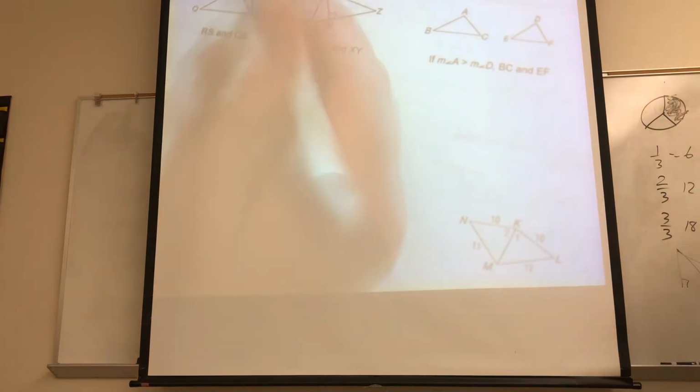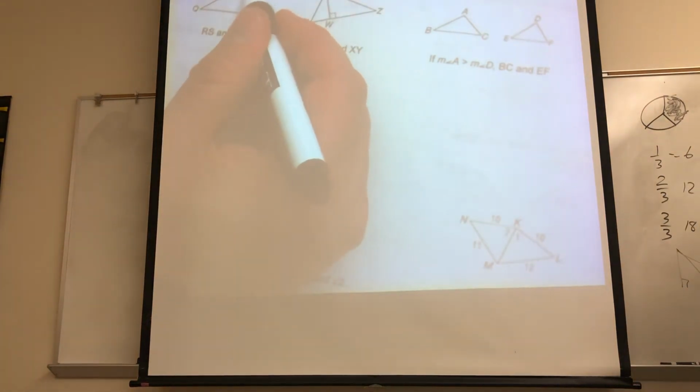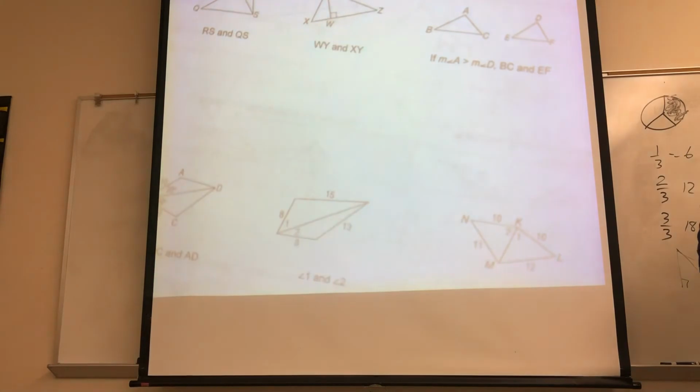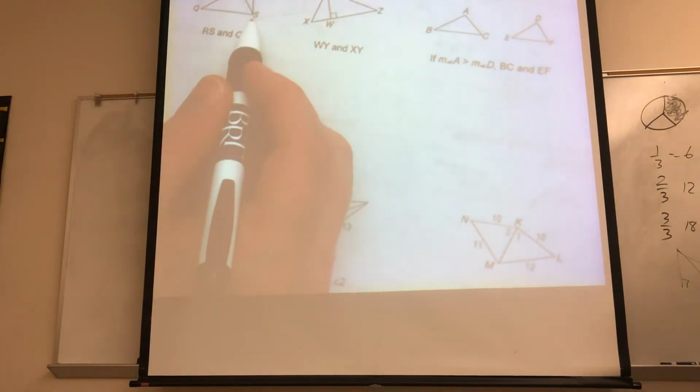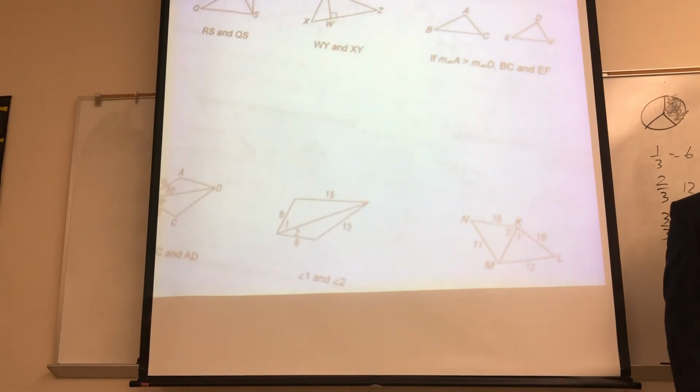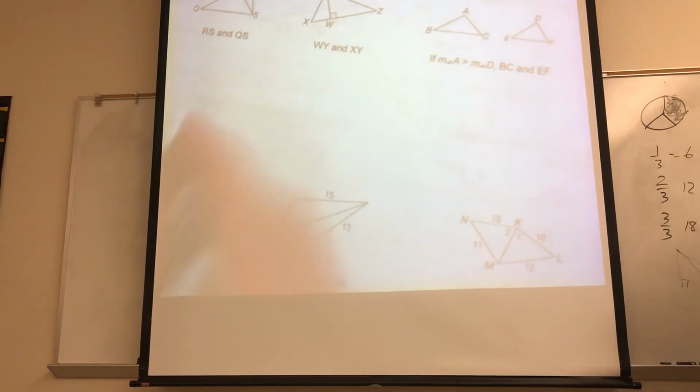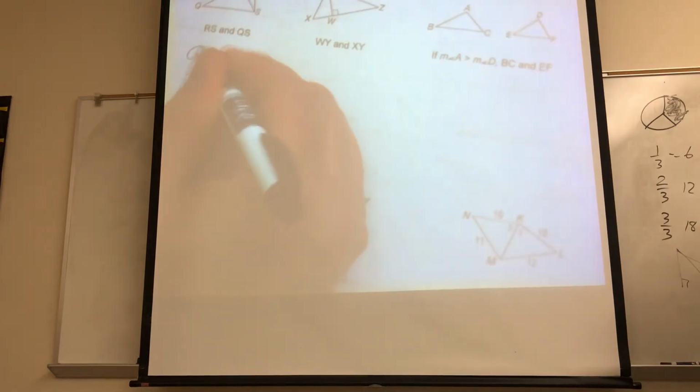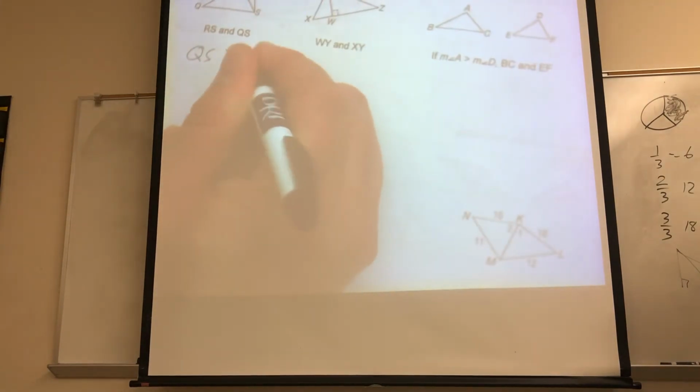With RS, we're looking at this angle T and how it opens up. And with QS, again, we're kind of looking at how the whole thing comes together. We've got different sides on there, so I don't know if that's the right letters. We can definitely assume that QS is going to be larger than RS.